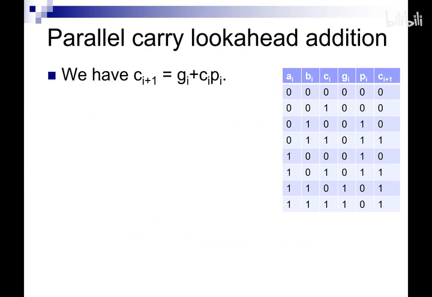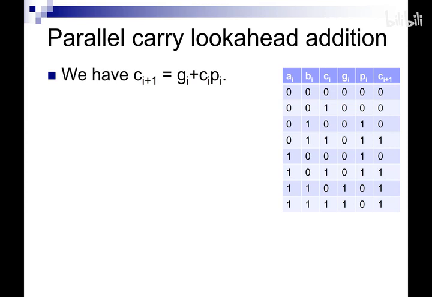Now we claim that the next carry bit, for digit i plus 1, is going to be equal to gi OR ci AND pi. Remember, the plus means OR, and the multiplication means AND.